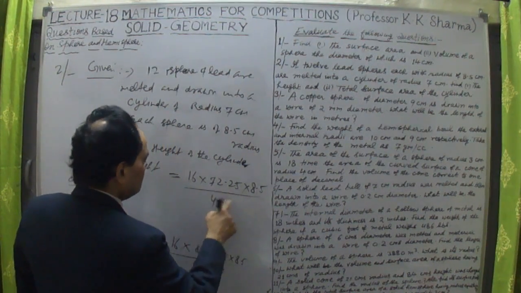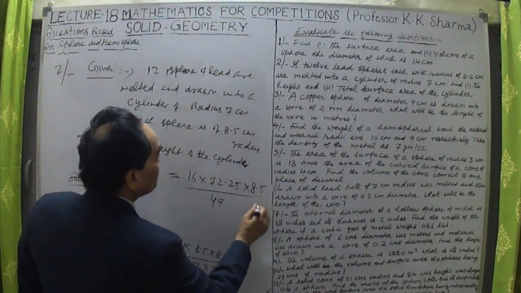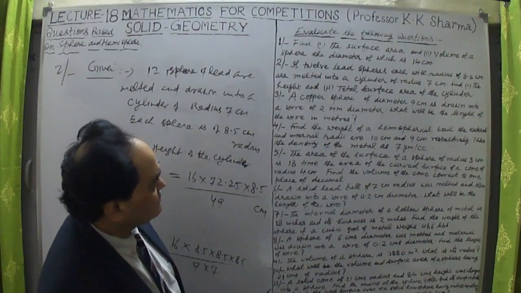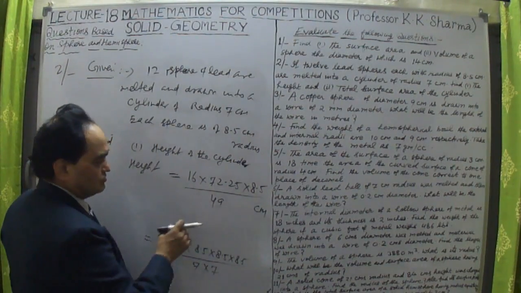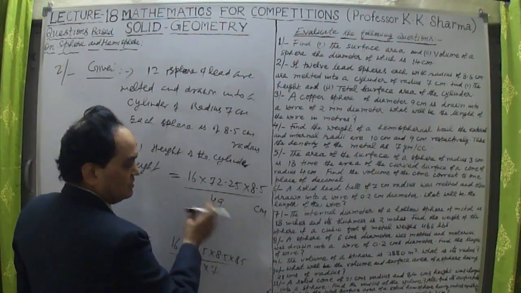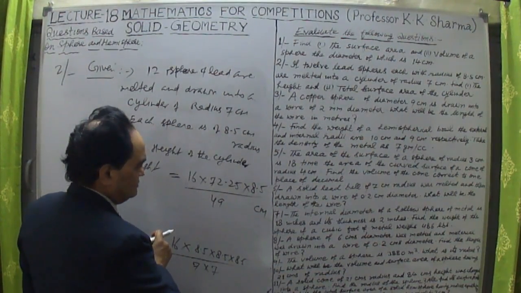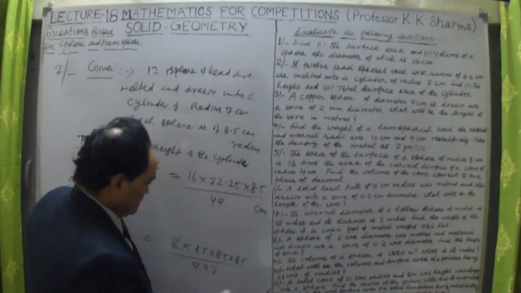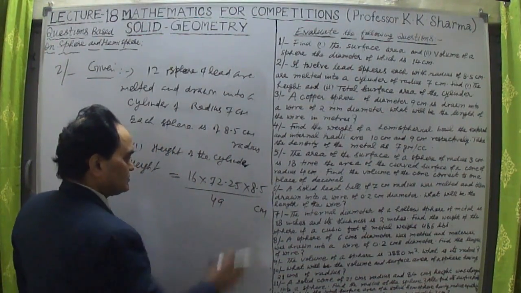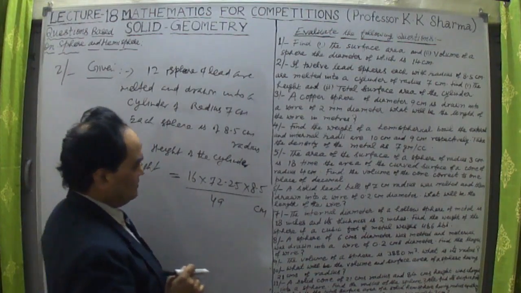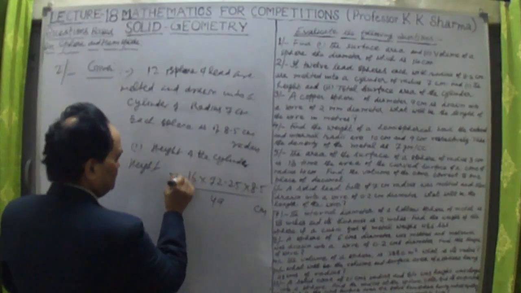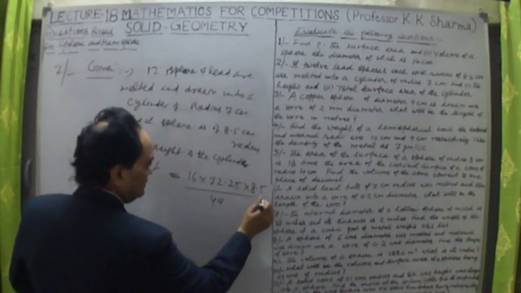Finally we can solve. This is height in centimeters. So if I solve it, 72.25 into 8.5 multiplied, then 16 multiplied, and finally 49 divided. So this is height in centimeters. If I multiply this, it may take time. No problem. So let me first put this as the value of height.